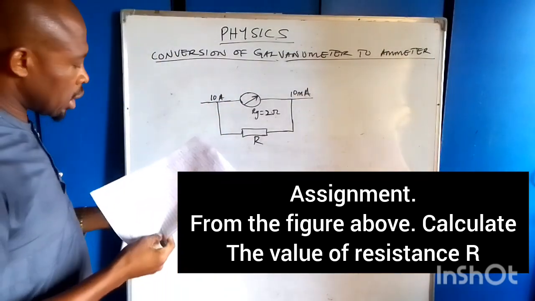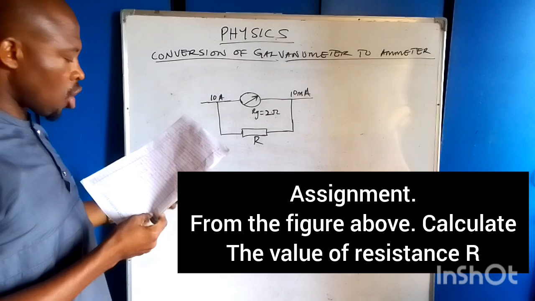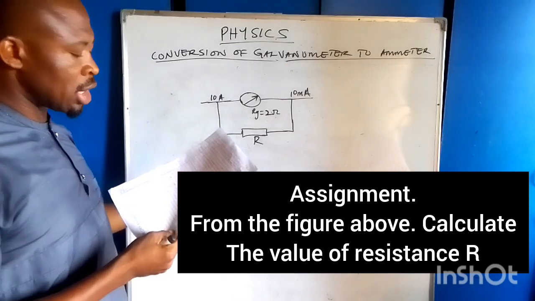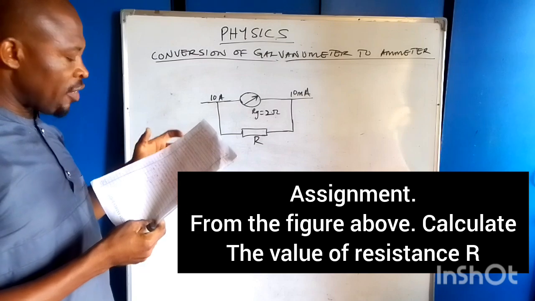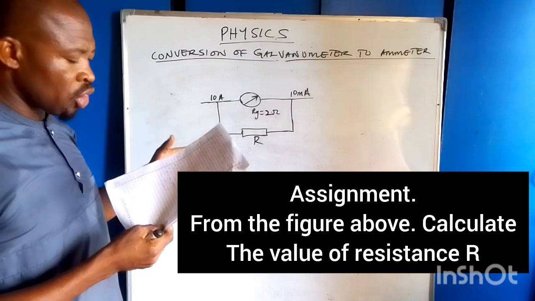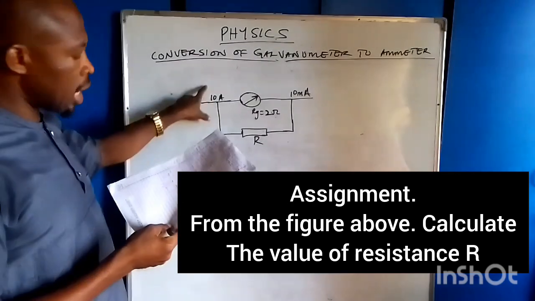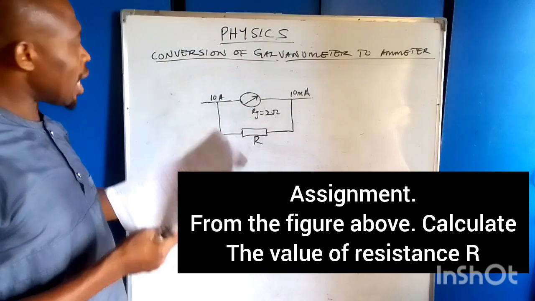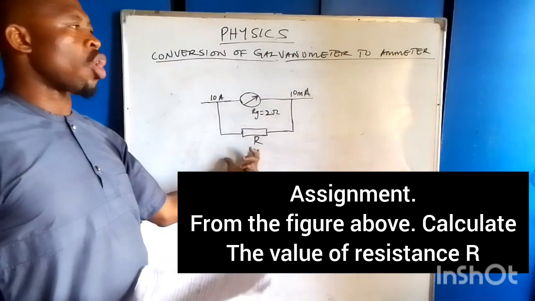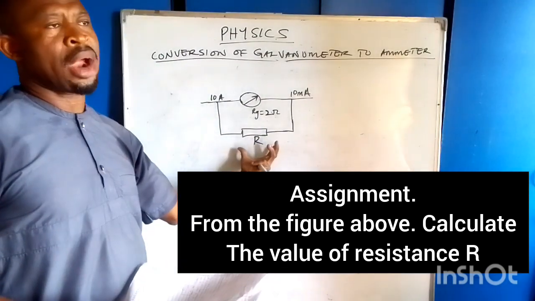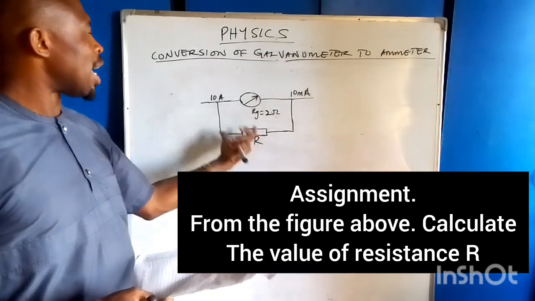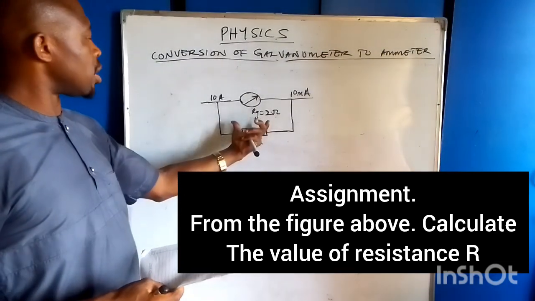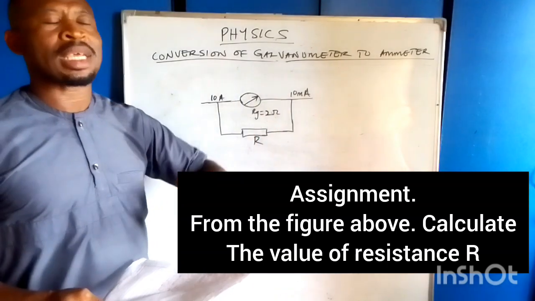The question says, the diagram below illustrates the conversion of a galvanometer of resistance 2 ohms to an ammeter. The galvanometer gives a full-scale deflection for a current of 10 milliampere. Calculate the value of R. And of course, here they use the ordinary R. You and I know that this R here is the shunt. So please get the answer and put it down in the comment section.